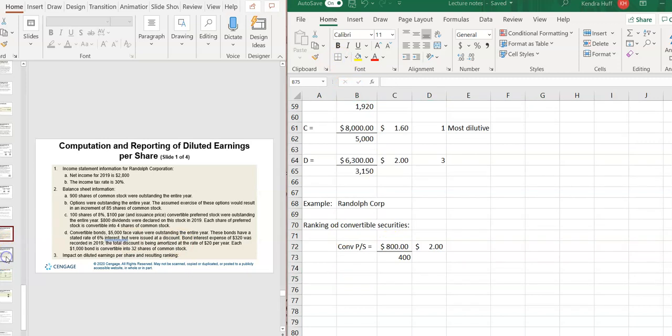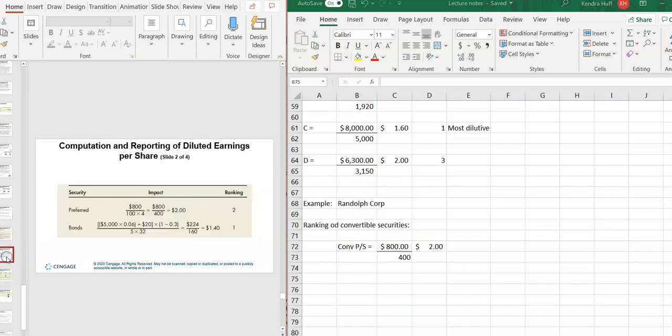And then the bonds. Convertible bonds. All right, the change in my numerator is going to be the 5,000 face value times the stated interest rate, plus the extra $20.